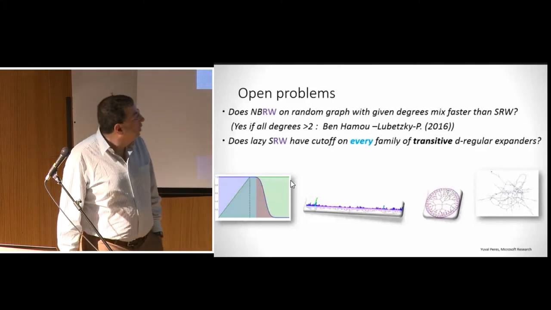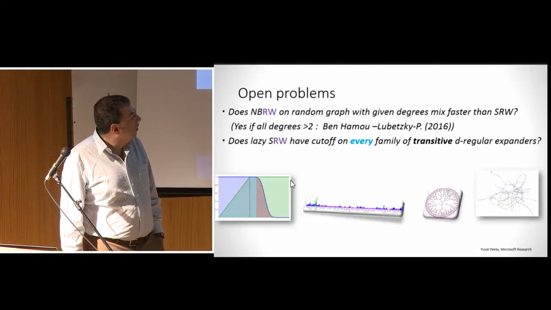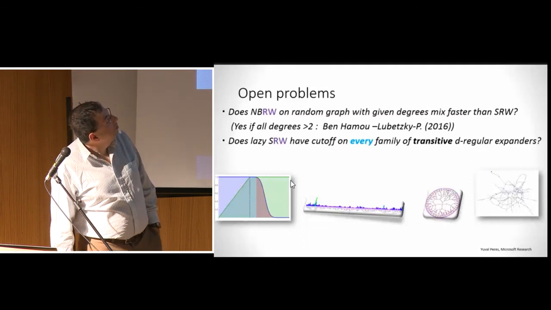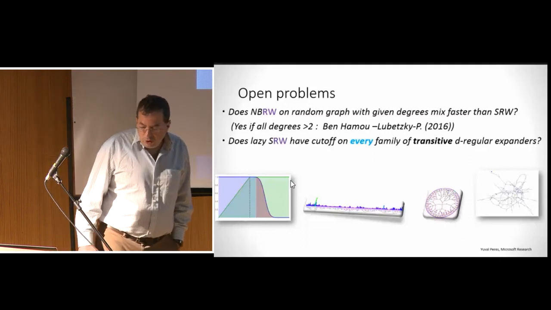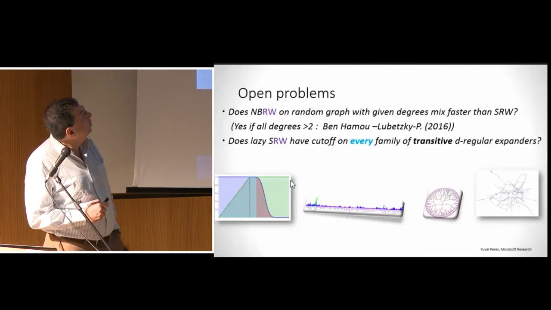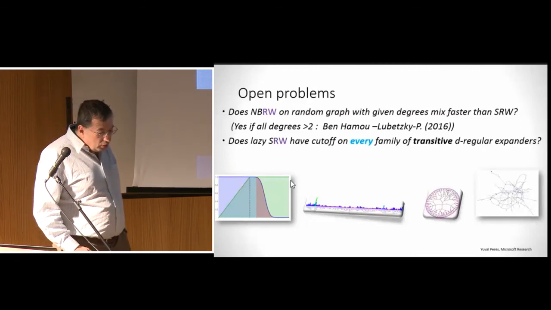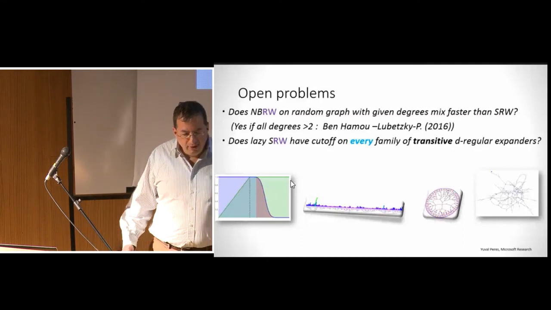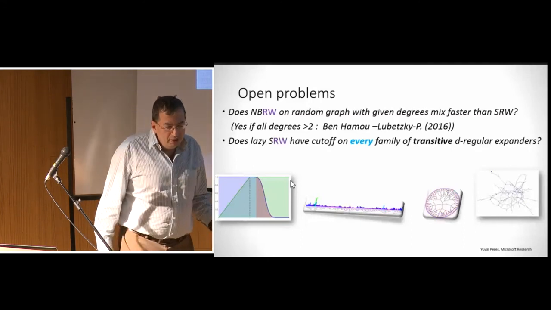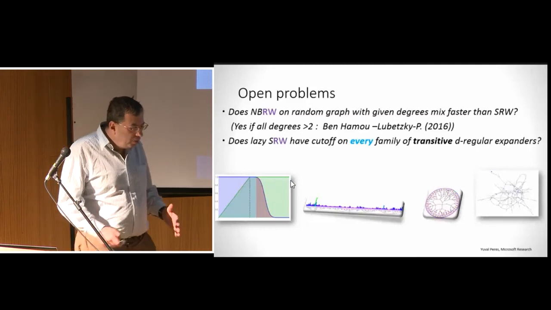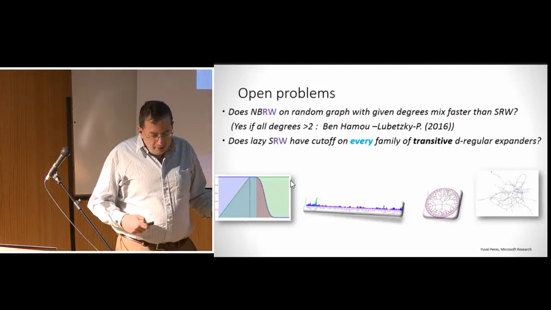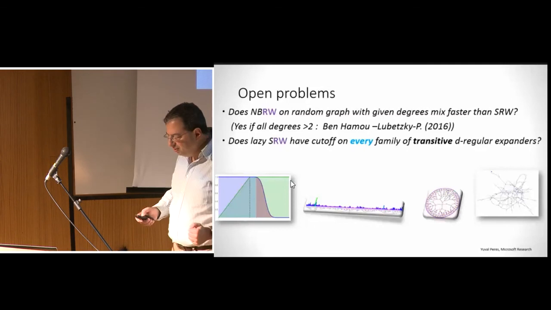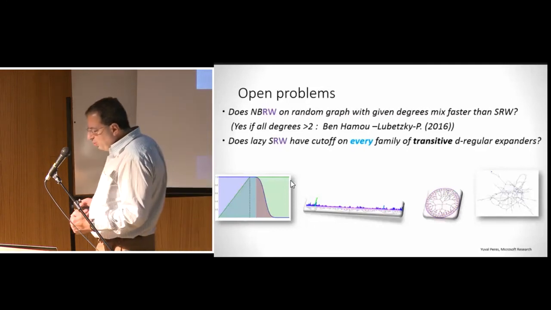So let me jump to the end now and just mention two open problems, one of which we've just made some progress on. So you want to compare, if I am on a regular tree, it's obvious that the non-backtracking walk is mixing, or if I'm on a regular graph, then the non-backtracking walk mixes faster than the simple random walk.